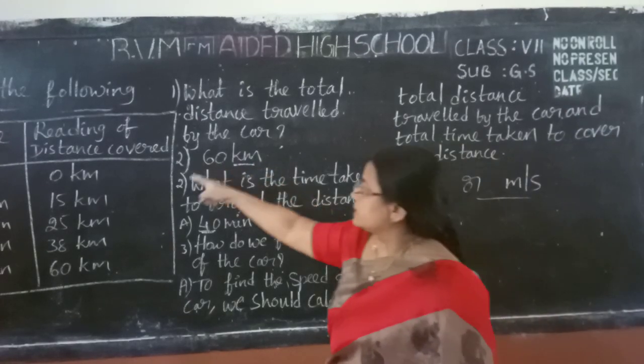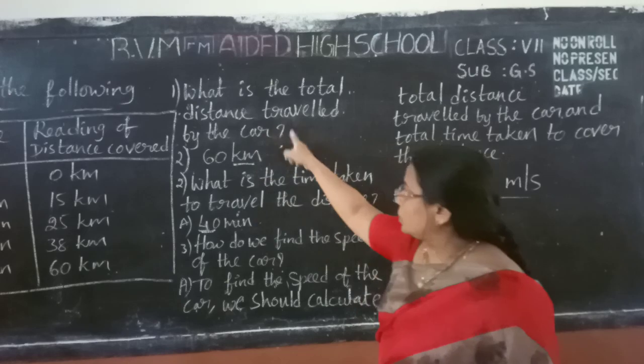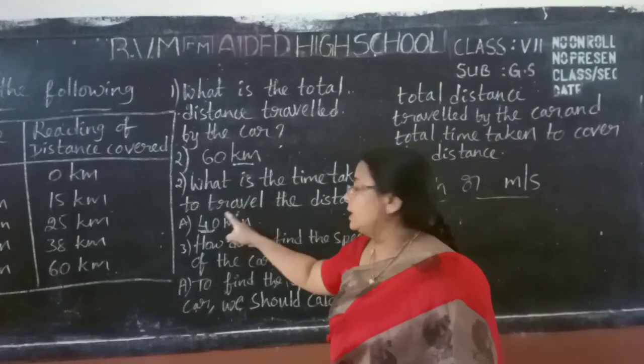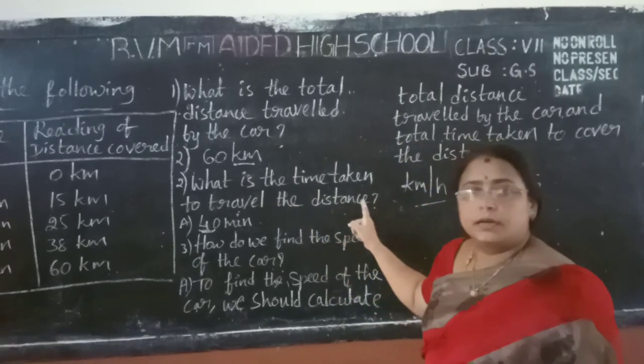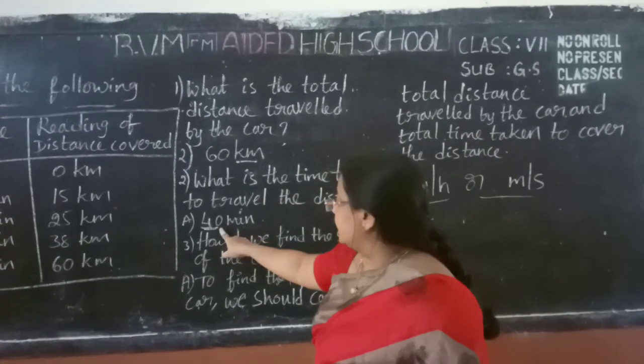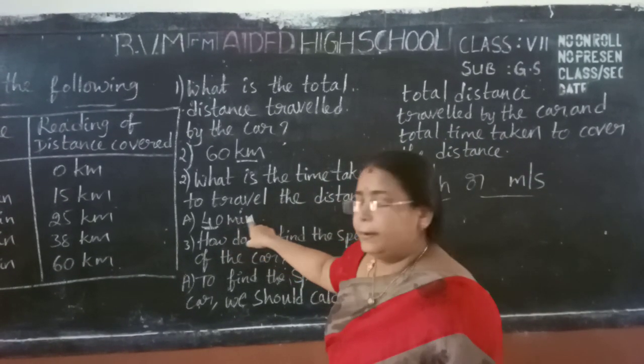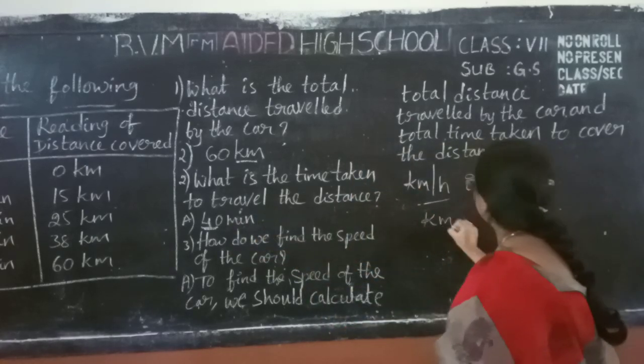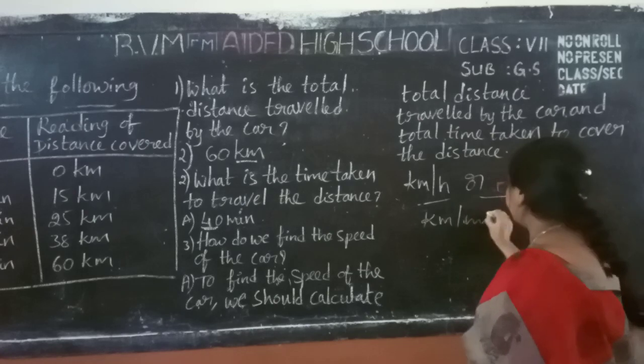Here in this problem, the total distance covered by the car is 60 kilometers and the time taken to complete the travel is 40 minutes. These units are different, so it is wrong.